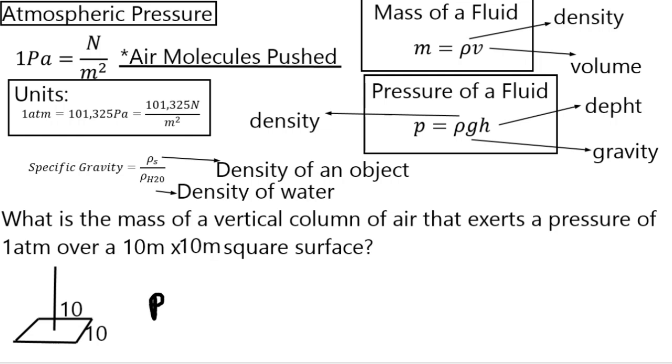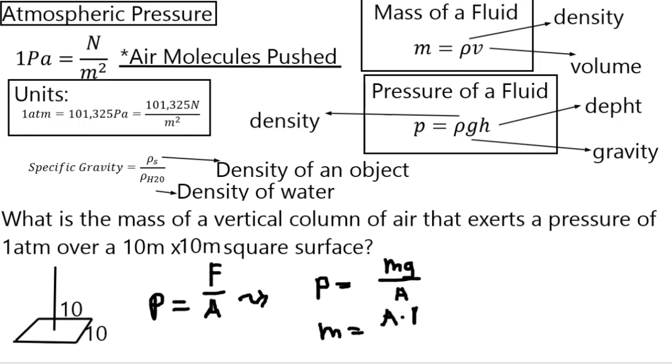What is the mass of a vertical column of air that exerts a pressure of 1 atm over a 10 by 10 square surface? Pressure is equal to force over area, and we're going to calculate the mass. The force that is being exerted is the weight force, defined as mass times gravity. Solving for the mass, we got area times pressure, and the denominator is going to be the gravitational acceleration. Now we're going to put what we know.